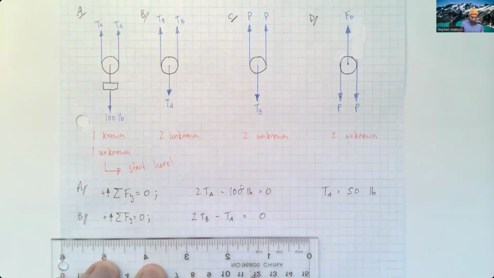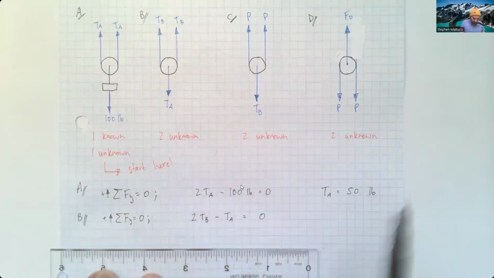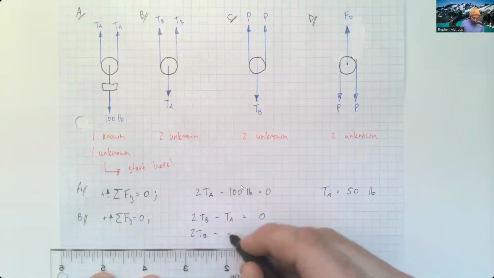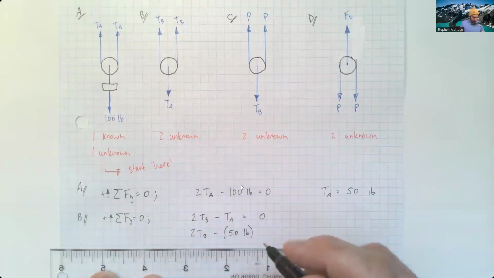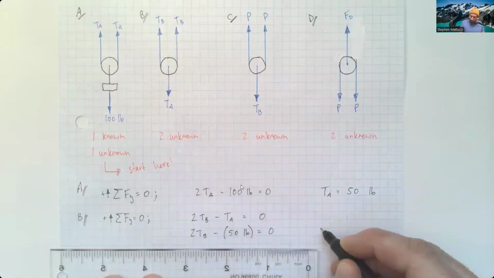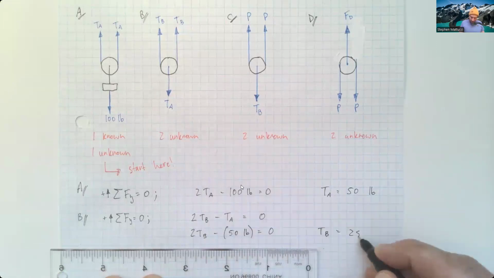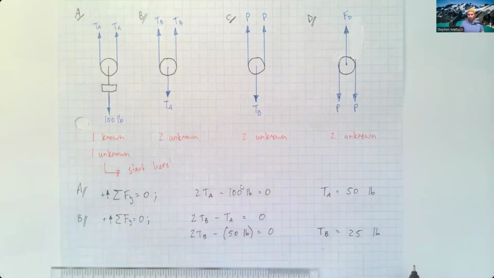We found that TA is 50 pounds. 2TB minus, sub in 50 pounds, equals 0. TB is 25 pounds.